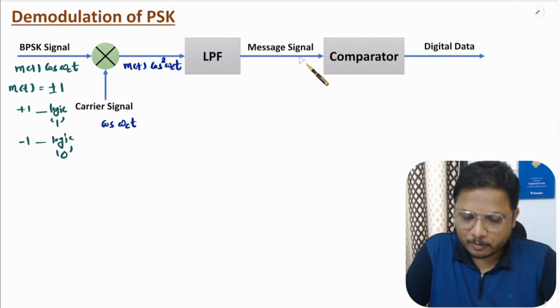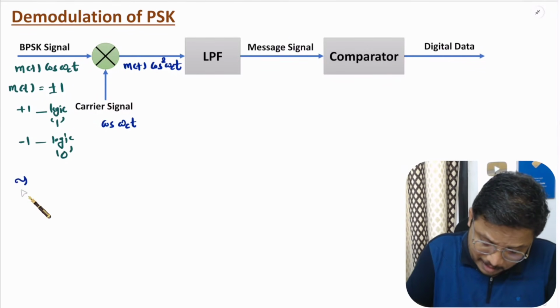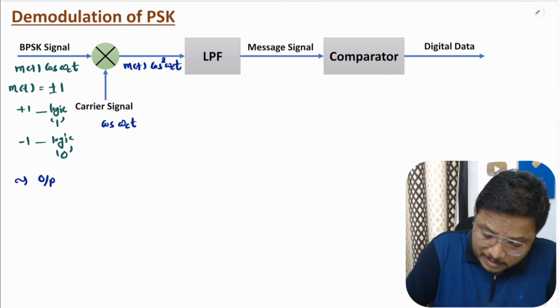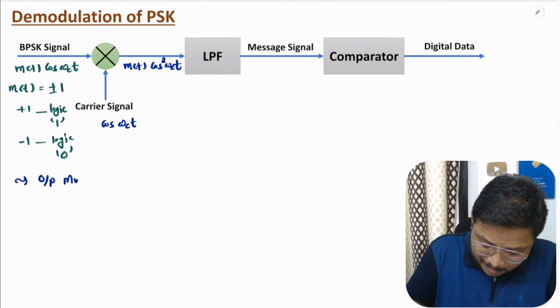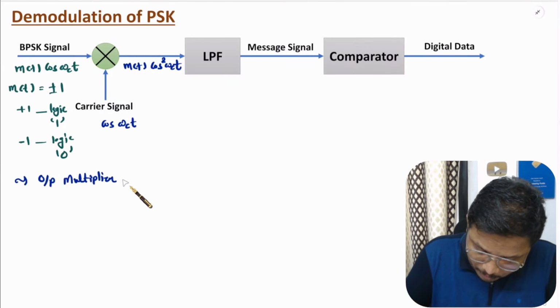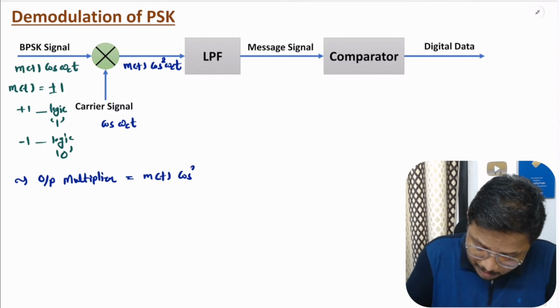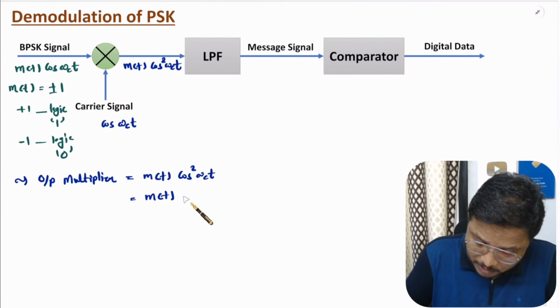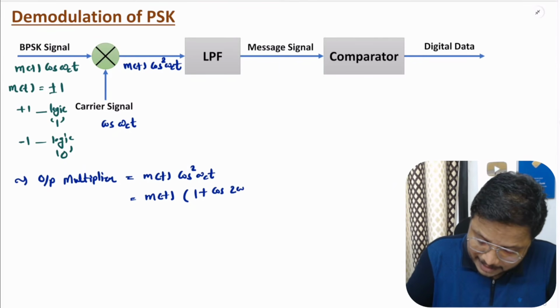Let me explain how. See, the output of the low pass filter is what we want, right? But the output of the multiplier, you need to understand. The output of the multiplier is m(t) cos square(ωct). What is cos square? Cos square is (1 plus cos 2ωct) divided by 2.